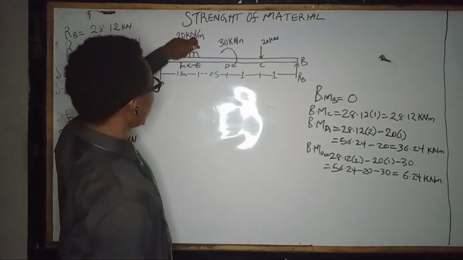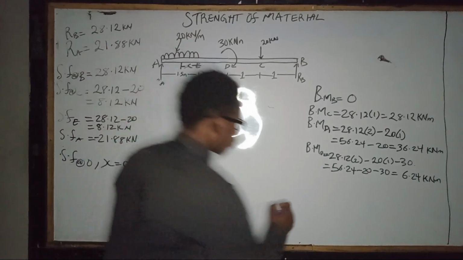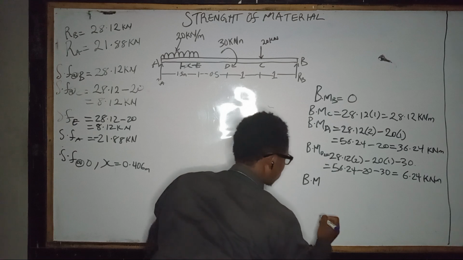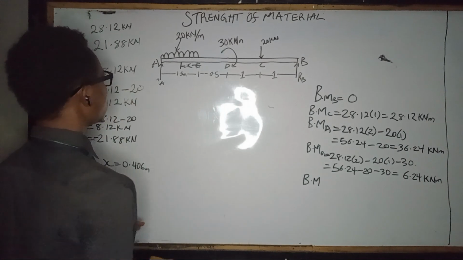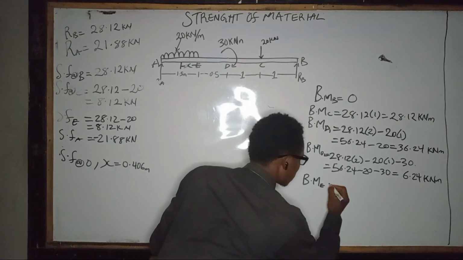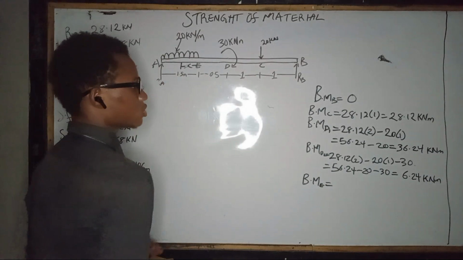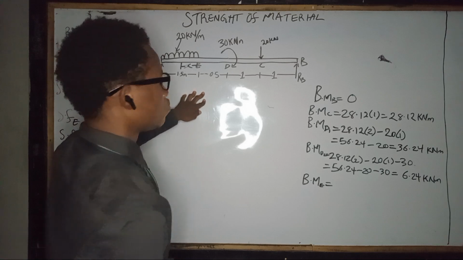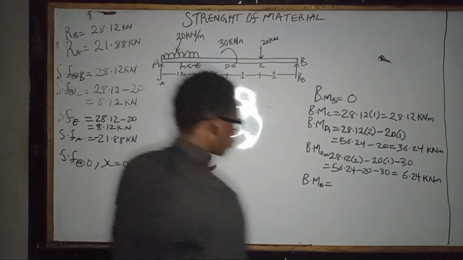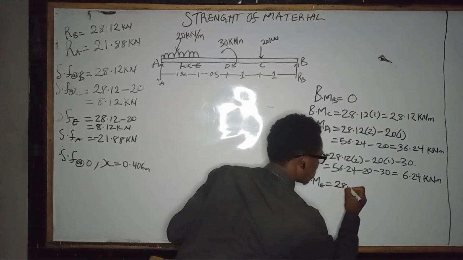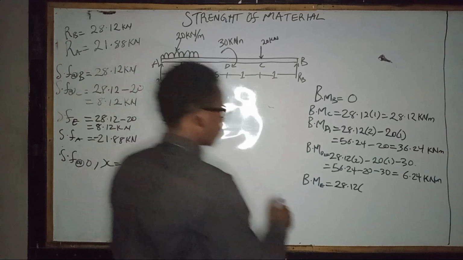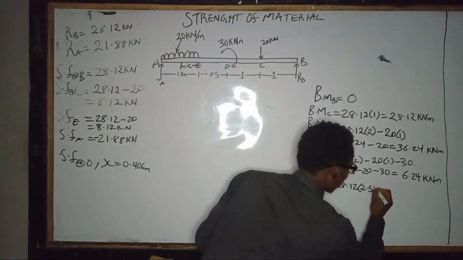So now we can look for our bending moment at E. Our bending moment at E will be equal to 28.12 times the distance, which is 1 and 0.5, that is times 2.5.